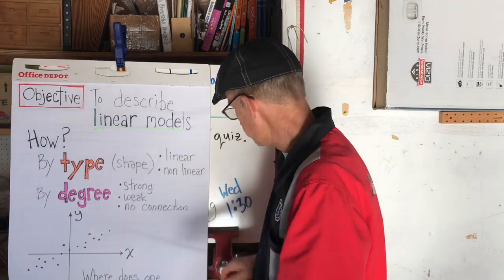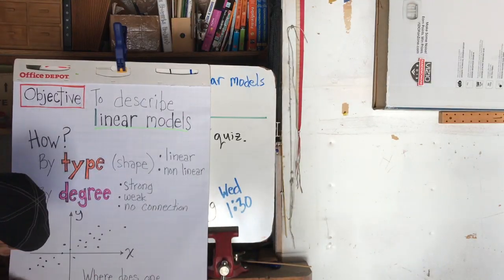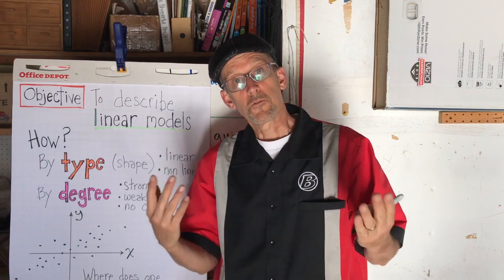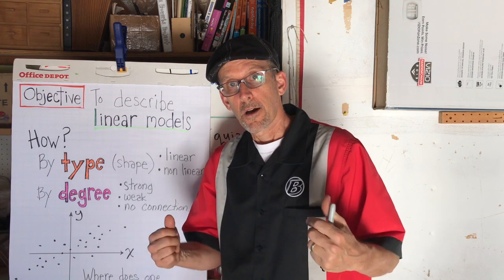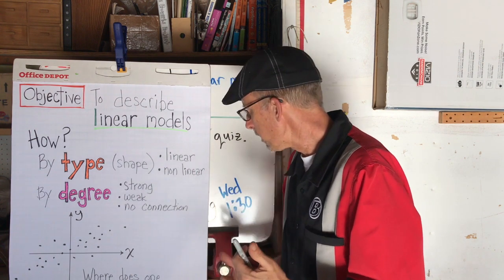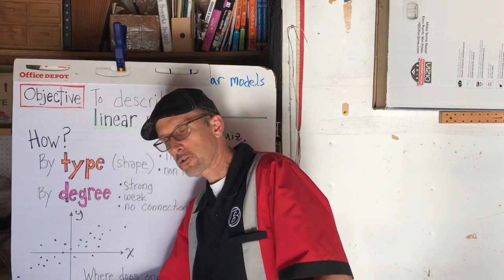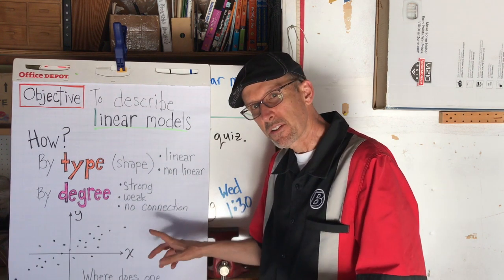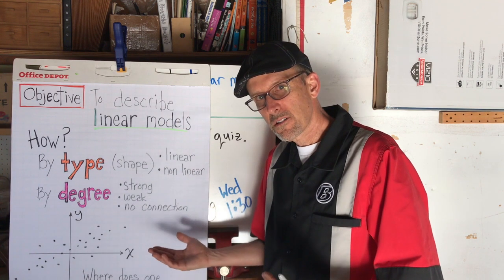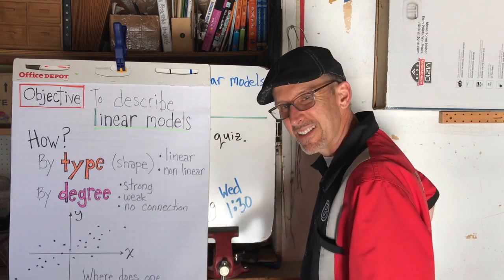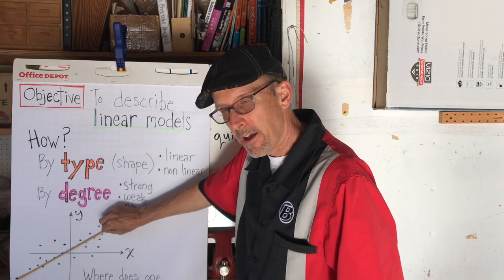I'm going to add some more points. So I've just added some more points. But now when I ask you, where would you draw the line? Well, it still looks like when I start over here and as I go this direction, things are tending to go up, but it's harder to sort of know exactly how they're connected.